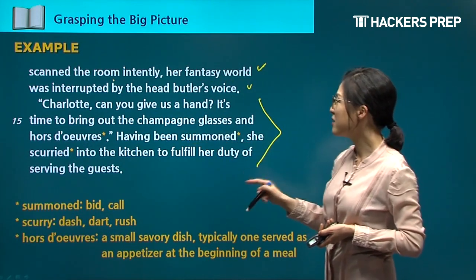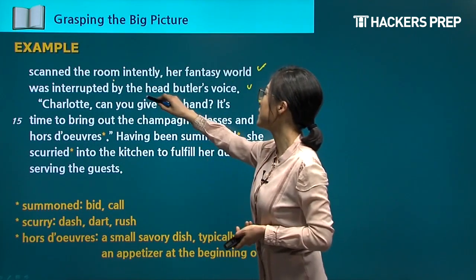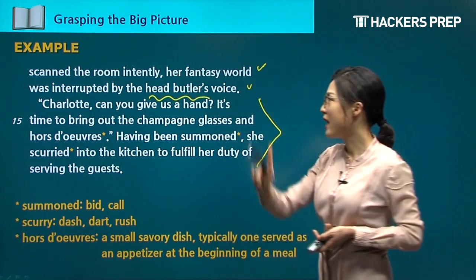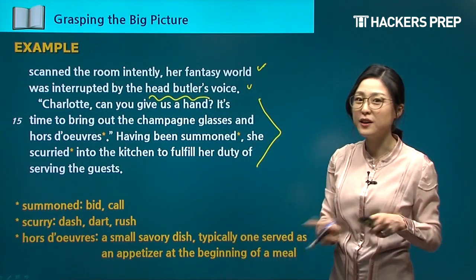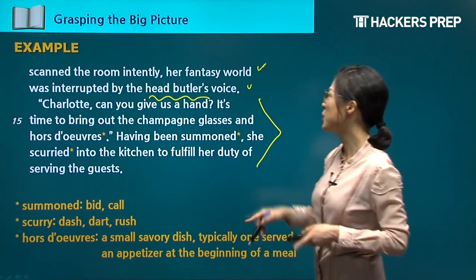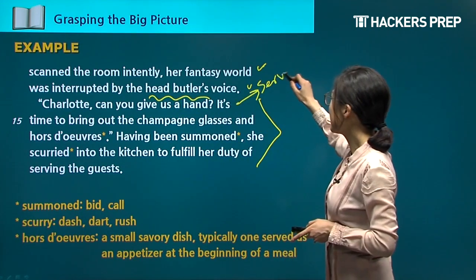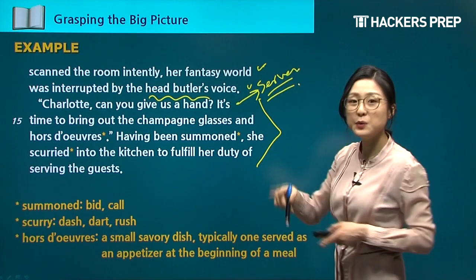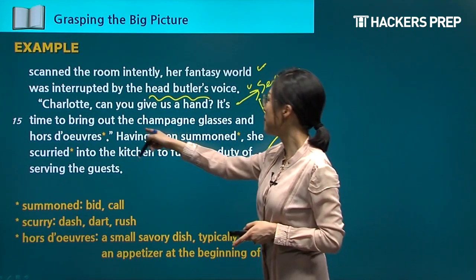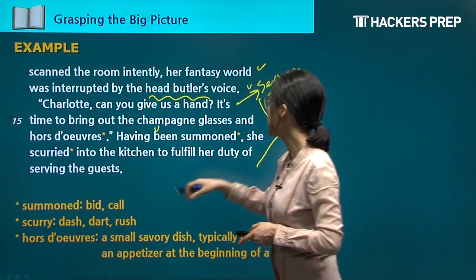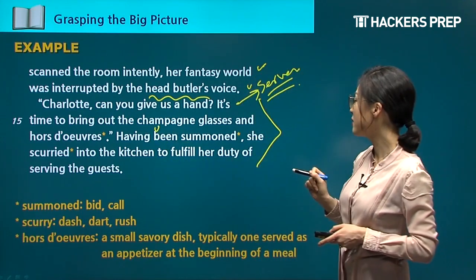So we know that she must actually work under the head butler. So she is definitely not from the high society. So we know that she's actually maybe a server, as we can see from this one line where she brings out the champagne glasses and the hors d'oeuvre, right?